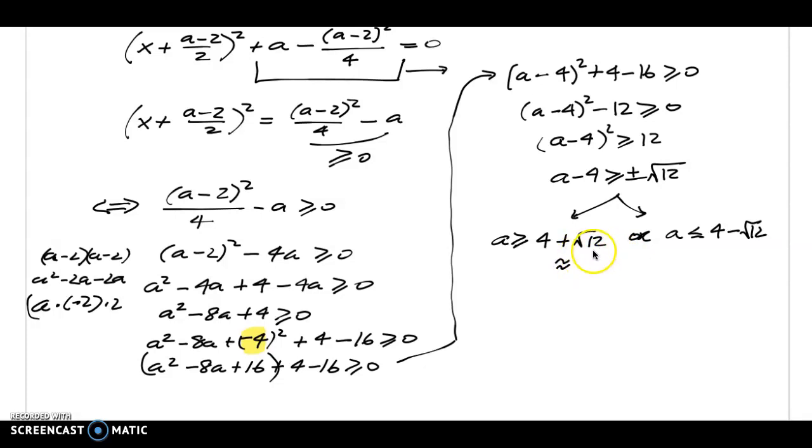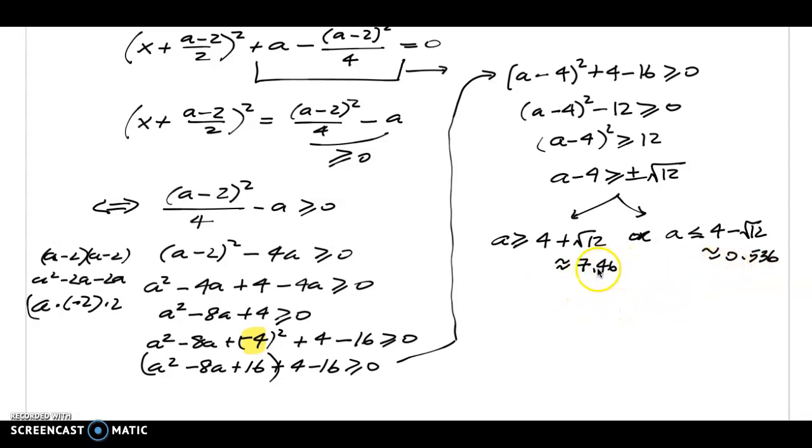This would be a calculator problem because of this. So that gives you 7.46, and that would be approximately 0.536. And there you go, for those two guys, there we have it.